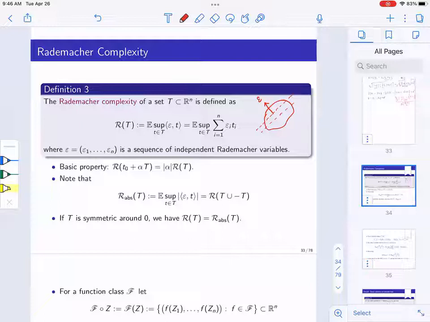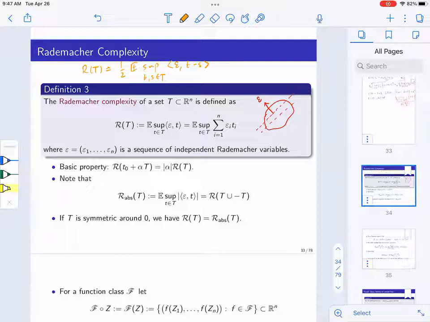You can also show that this is equivalent to one half the expected supremum over t and s in T of epsilon times (t minus s), something like that. So you can separate the supremum.